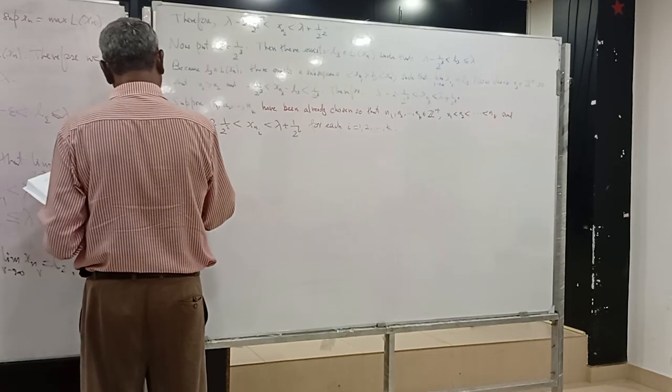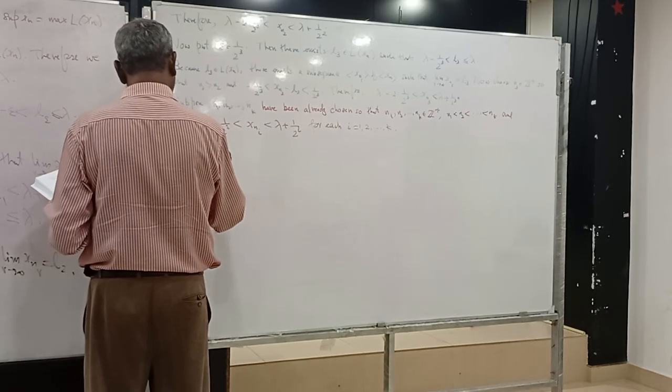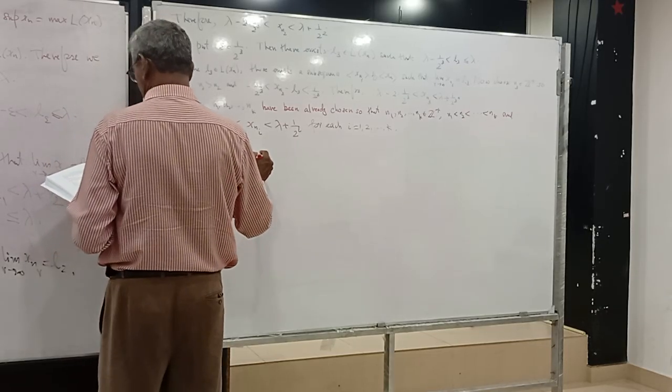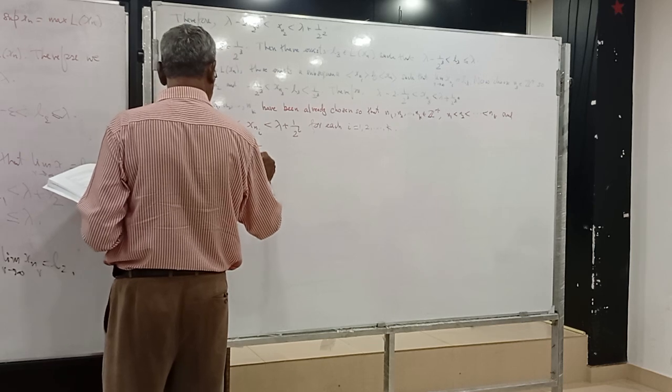Now put epsilon equal to 1 over 2 to the k plus 1.